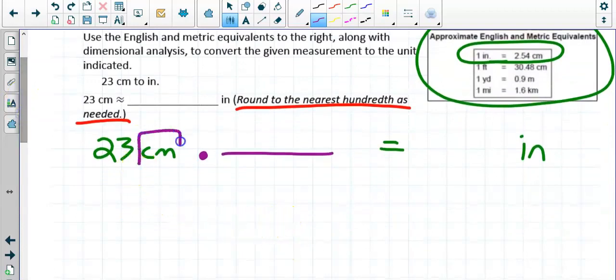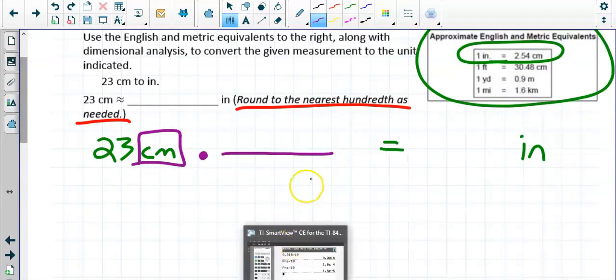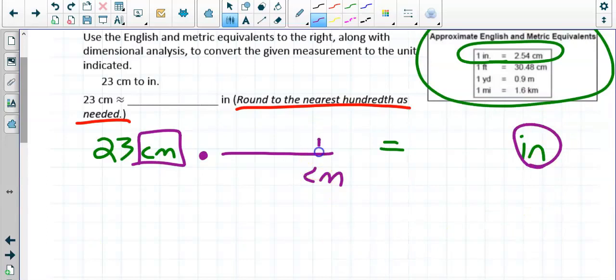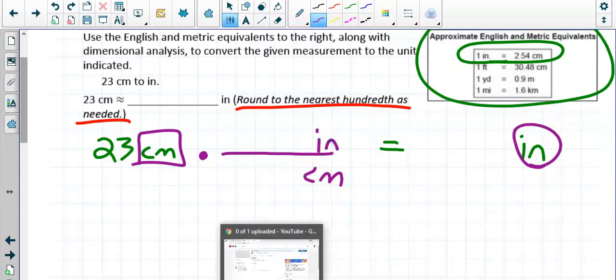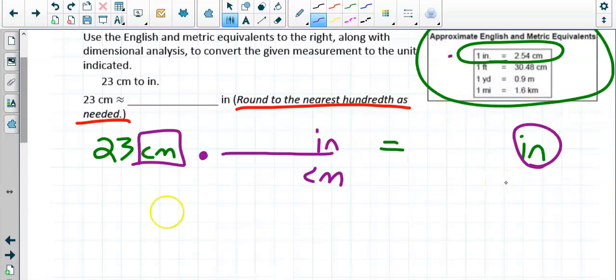So we want to get rid of centimeters. So centimeters is down in the bottom, and we want inches. So that goes in the numerator. And now that tells us how to use our fraction. So the 1 that is for the inches goes in the numerator. The 2.54 for the centimeters goes in the denominator.